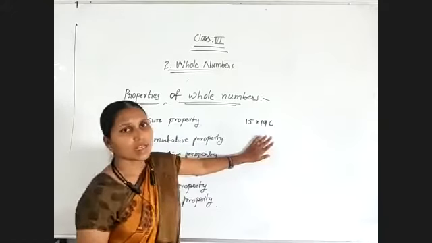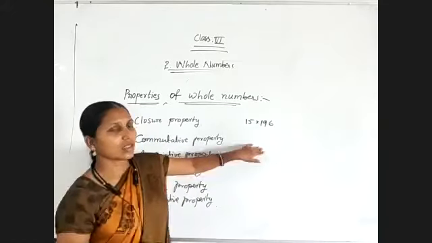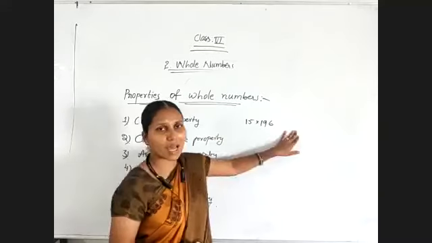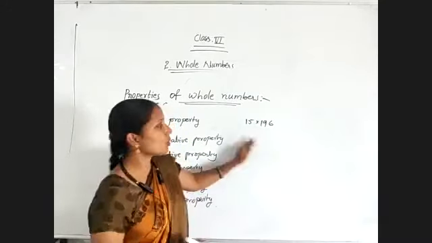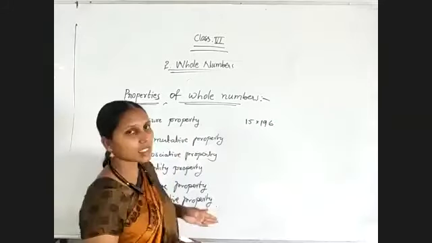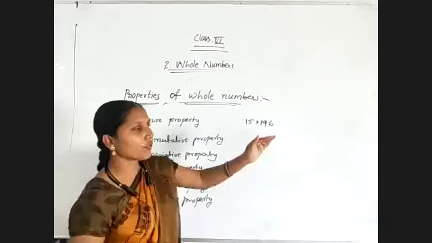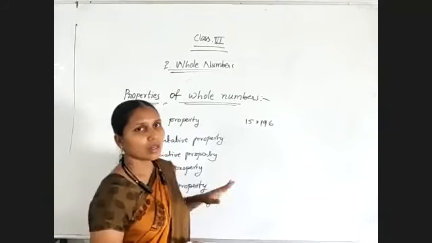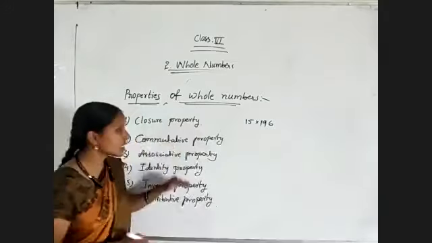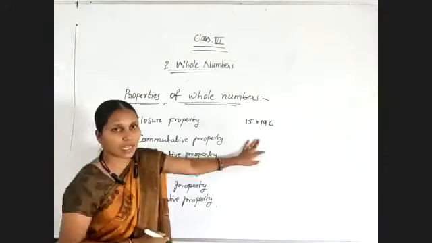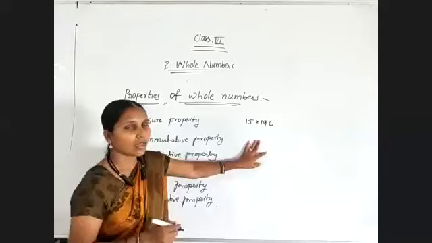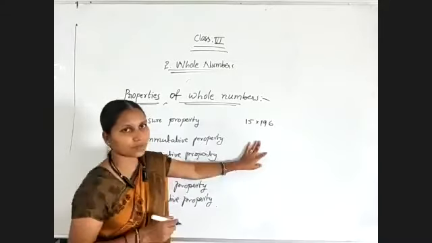we have some properties. So instead of the formal method, we can do it in another method by using the properties. For that we need not go for calculations. No rough work needed. That means properties will help us to do the problem in the easiest way, and in less time.